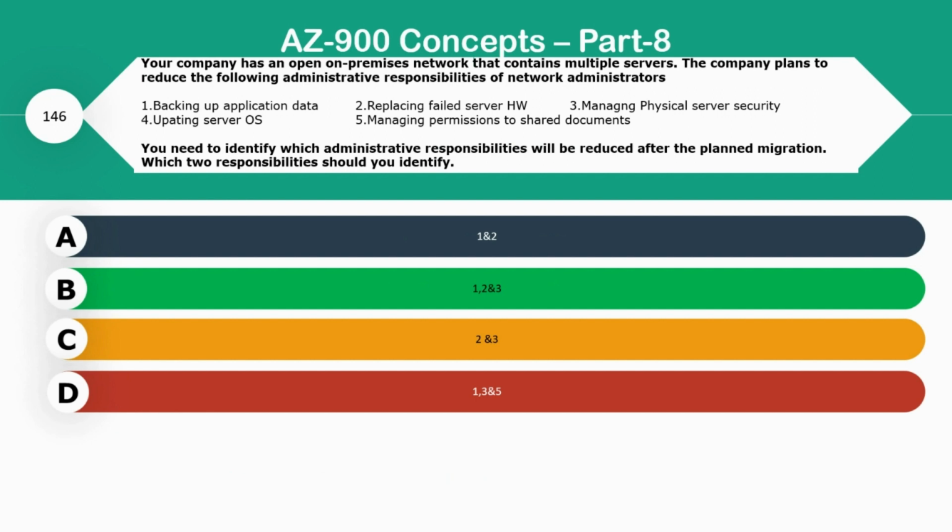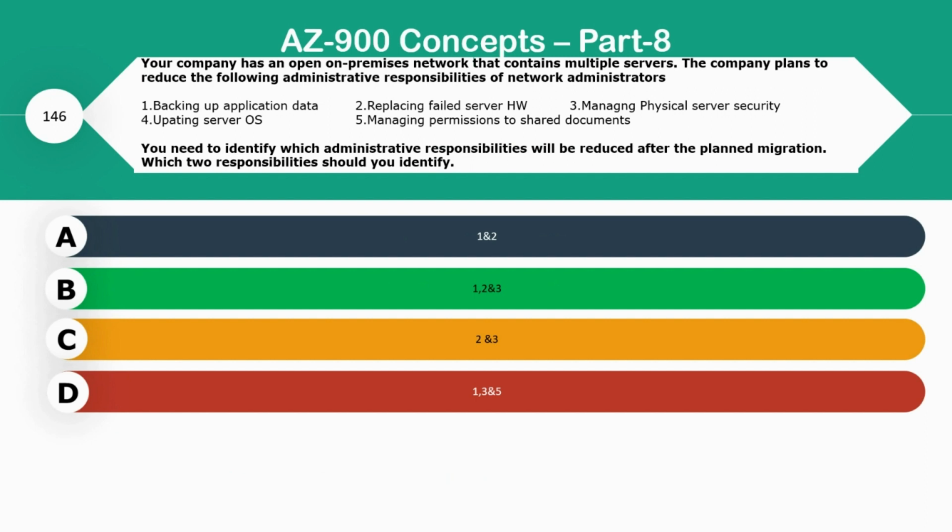So all the five functions stated here are normally performed by a network administrator when the entire network is on premises. Now the question is, you need to identify which administrative responsibilities will be reduced after the planned migration. Which two responsibilities should you identify?